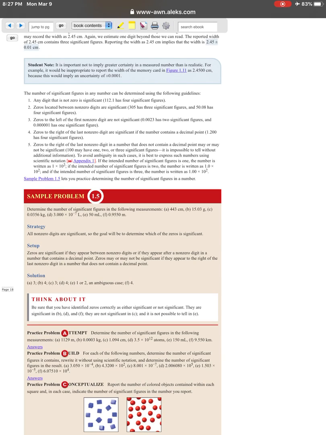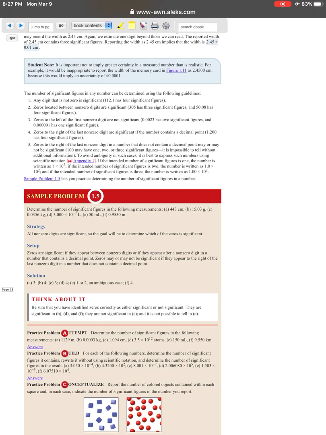Then you look at rule 3. Zeros to the left of the first non-zero digit are not significant, and it doesn't give you any exceptions here. So if you look at the number 0.0023, the non-zero digits start with the 2. So every 0 before the 2 is not significant. So all 3 of those zeros are not significant.